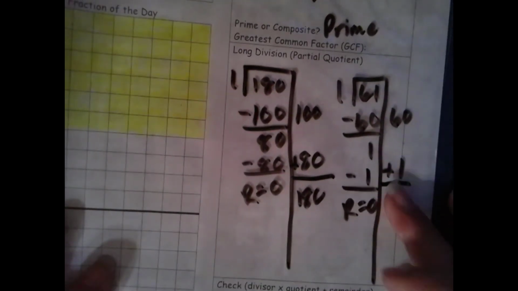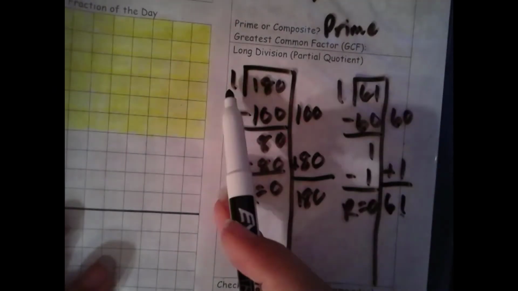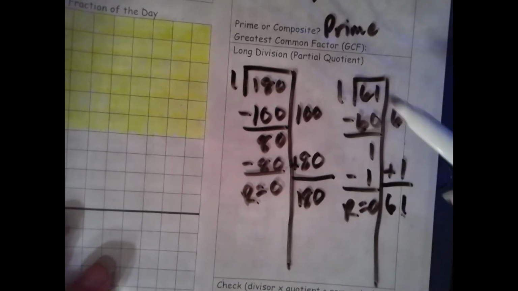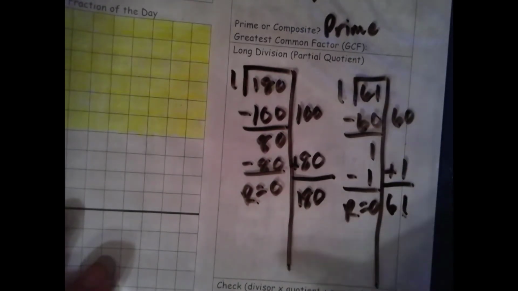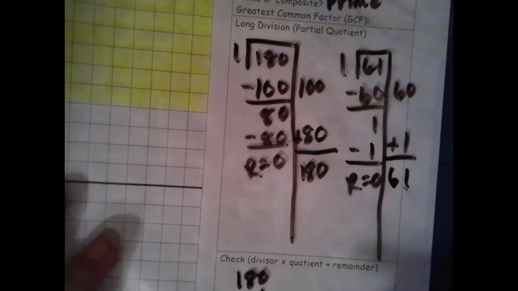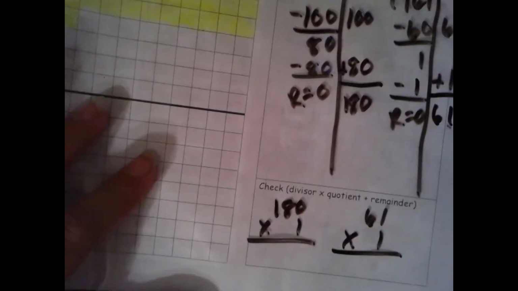So we still need to check our answers. To check, it is the divisor times the quotient plus the remainder. Divisor times quotient plus remainder. Since the remainder for both is 0, and the identity property of addition says when you add 0 it stays the same, you don't need to actually add.